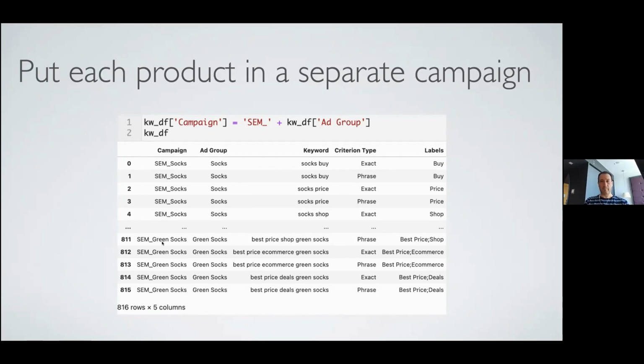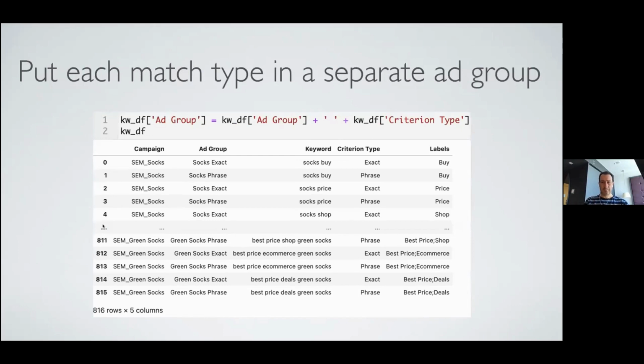Another thing that many people like to do is to separate ad groups by match type. That's also very easy. So all you have to do is concatenate the ad group name with the match type over here, and you get socks exact, socks phrase, green socks phrase, and green socks exact.